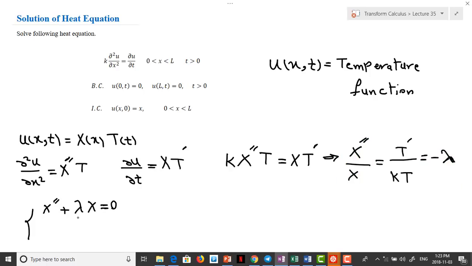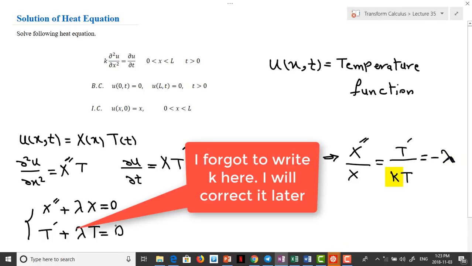And we have T prime divided by kT is equal to minus lambda. So it means that T prime plus lambda kT is equal to 0. So instead of solving a partial differential equation, now we have two ordinary differential equations and we have to solve them. It's the first step in solving these types of boundary value problems.